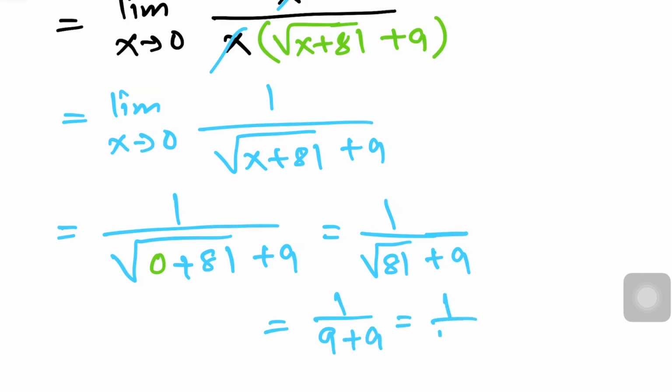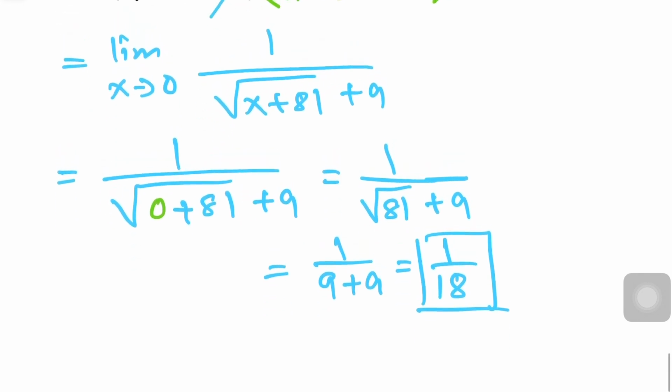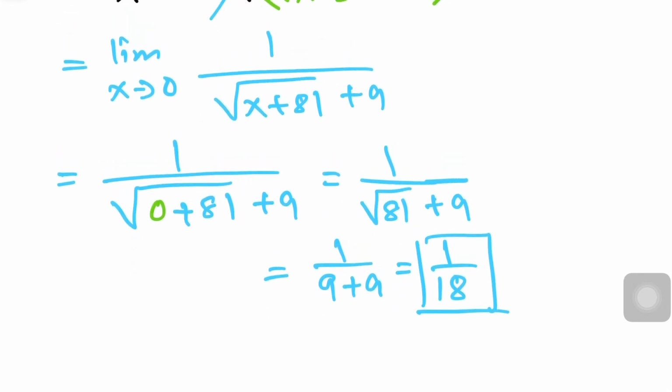Well, square root of 81 is just 9, so 9 plus 9, that is 1 over 18. So I hope it makes some sense. Let me know if you have any questions.